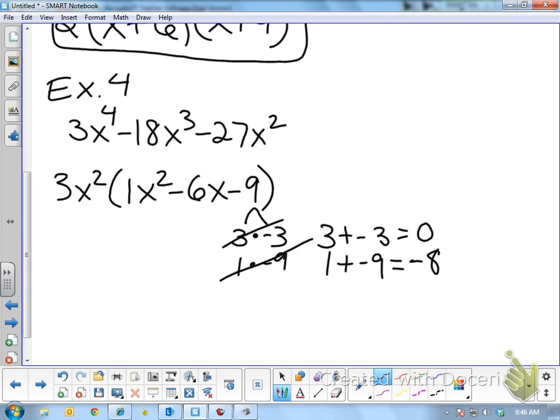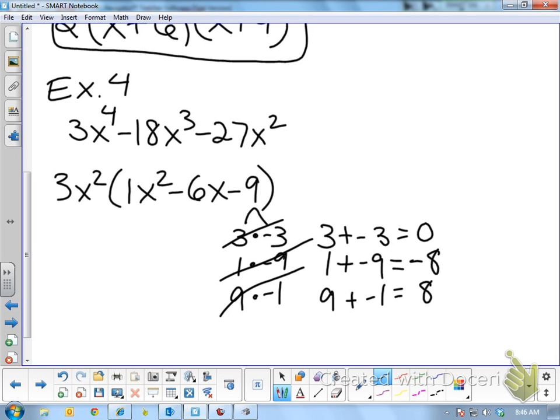What do we do at this point? How would you get positive numbers? So I could also do 9 times negative 1. We could do the opposite signs. But what happens when I do 9 plus negative 1? Positive 8. Still doesn't work.